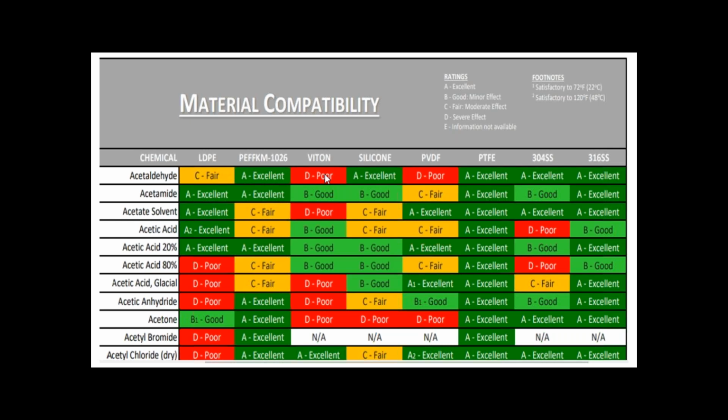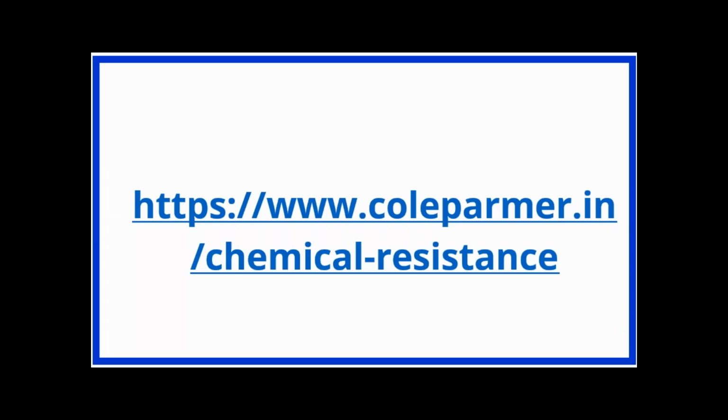The characteristics of those chemicals, the MSDS of those chemicals should be studied first, and then we have to design this compatibility chart. Nowadays, we also have different companies' websites and their software or simulation software, from which we can also check the compatibility of one chemical with the other one.